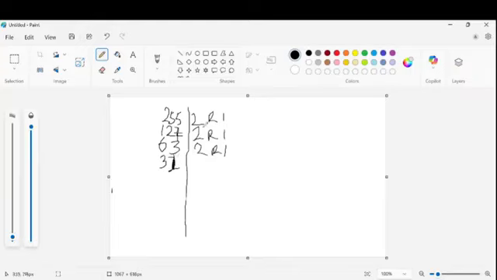If you divide 31 by 2, you have 15, and you still have remainder 1. Then divide by 2 again, you have 7, remainder 1. Divide by 2, you get 3, still remainder 1.